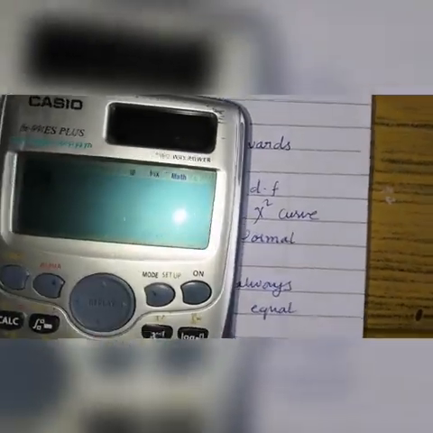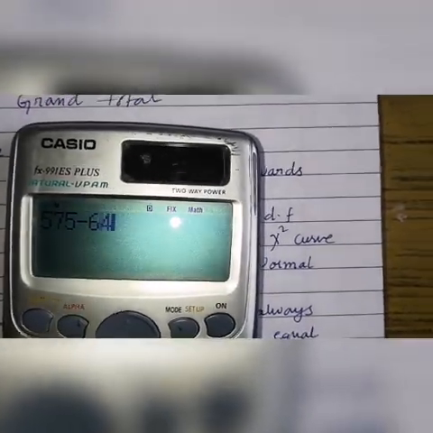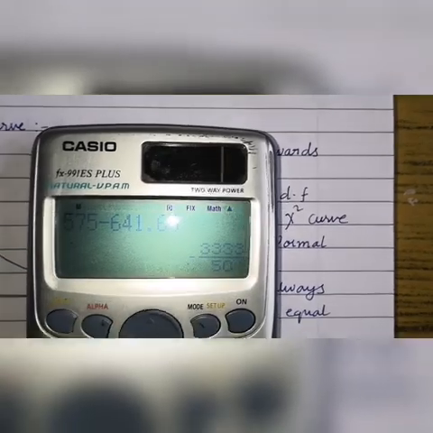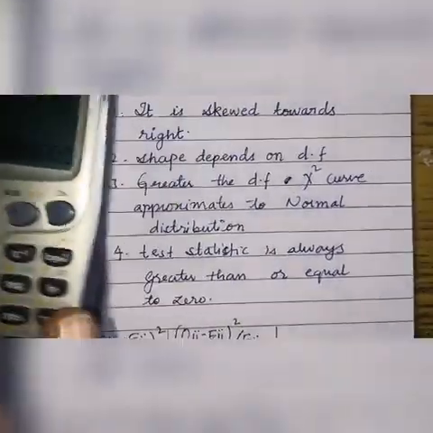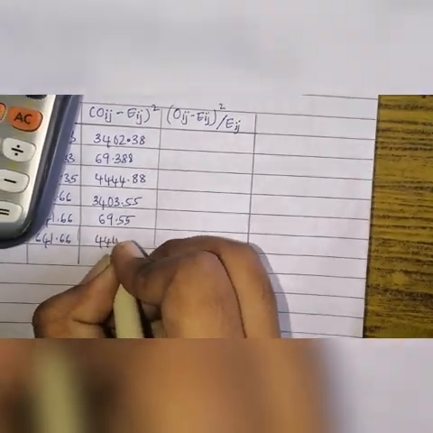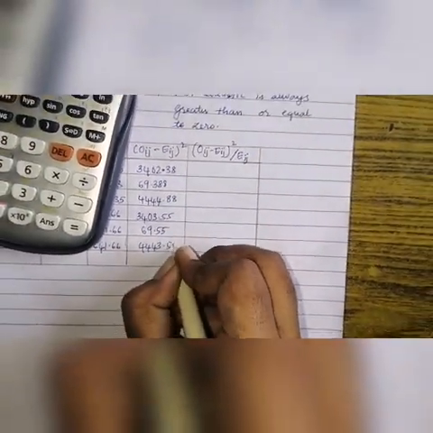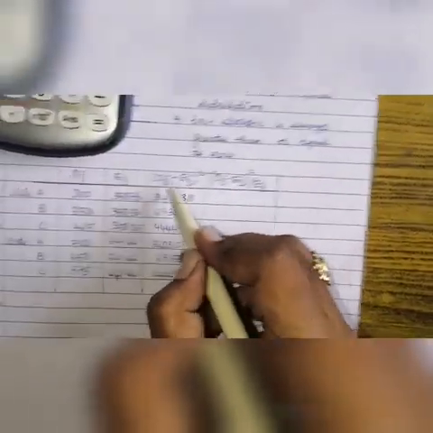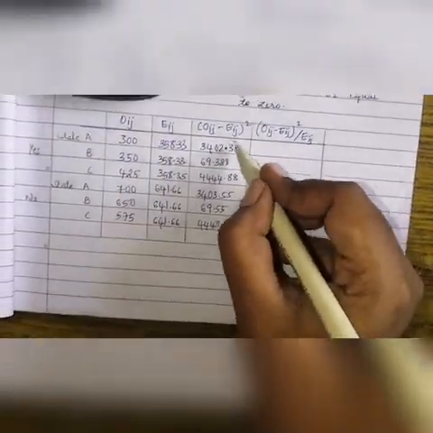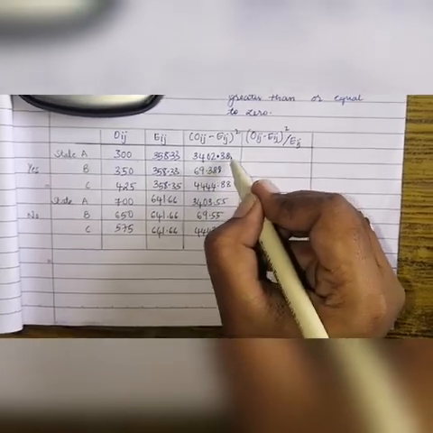Then 575 minus 641.66 whole square is 4443.55. Okay, now you have calculated the squared differences, and now you have to divide this column by Eij.